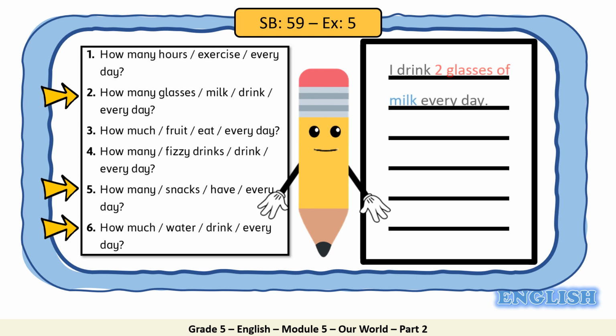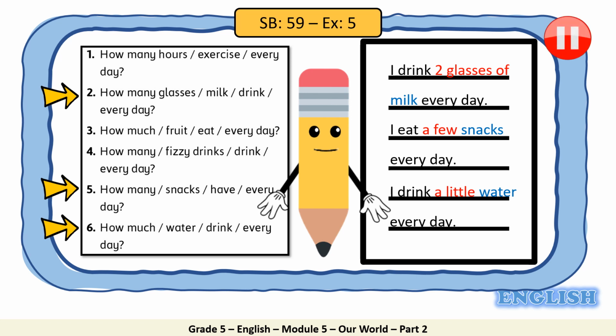I drink 2 glasses of milk every day. I eat a few snacks every day. I drink a little water every day. Now it's your turn. Choose your questions and write down your answers in your notebook. Pause the video until you're done.